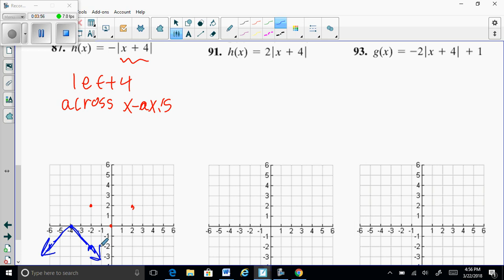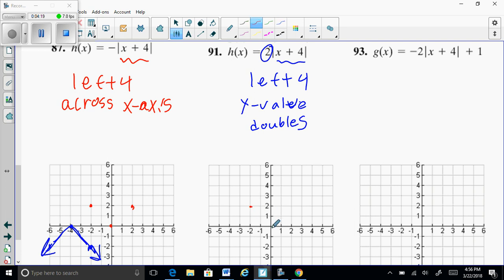All right, we got 2 left. So once again, as you can see, every single one of these typically is going left 4. And then this time, instead, our y value is going to double. Okay, so our y value is going to double.